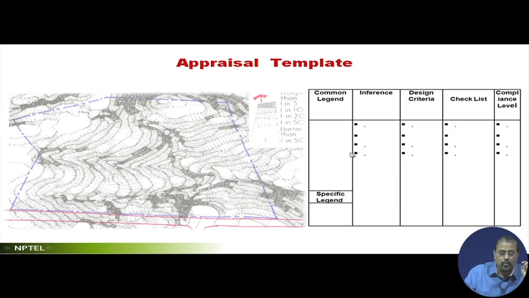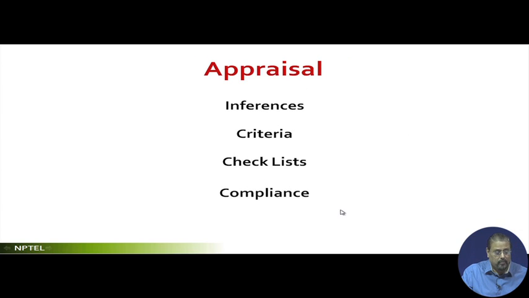So common legends will be there: water body, existing water body, the river edges, everything. So there will be a set of common legends present in all the analysis appraisal templates, appraisal formats, and there will be some specific legends. These specific legends will be with respect to the kind of analysis that you are doing.